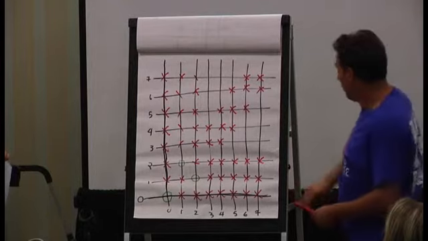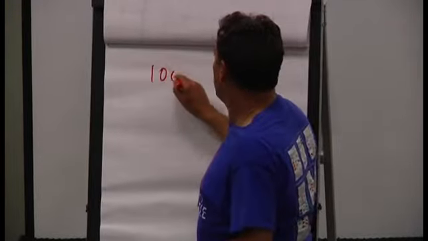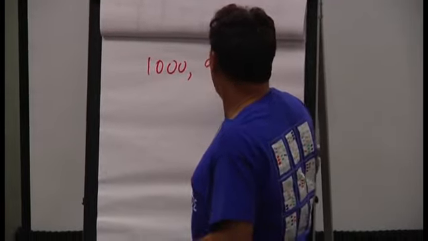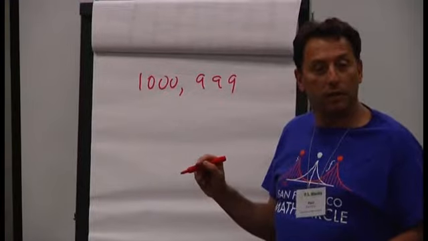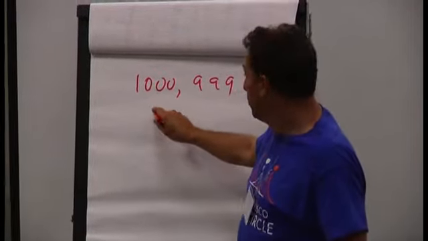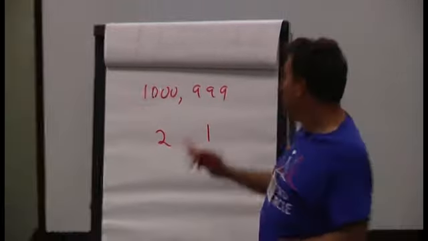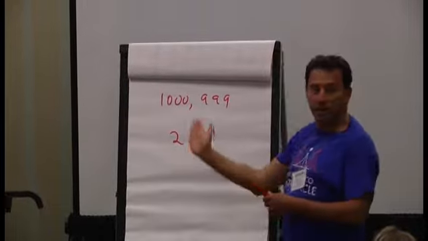Because, for example, if somebody handed you the value 1,999, what would you do to it? If it's your turn, you would turn it into 2-1. And what you're doing is you're moving down that line.